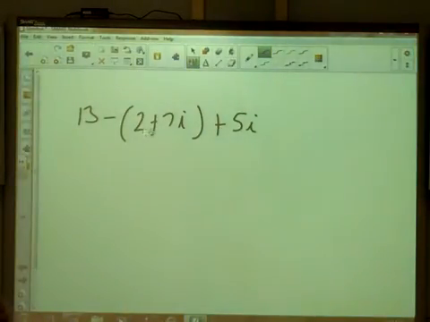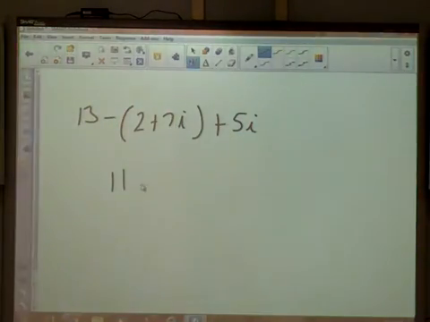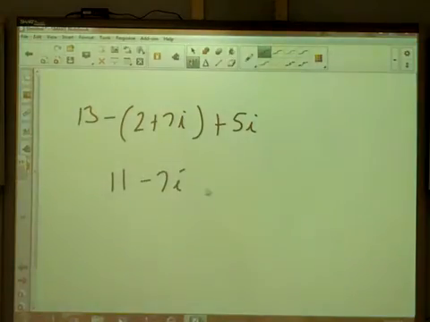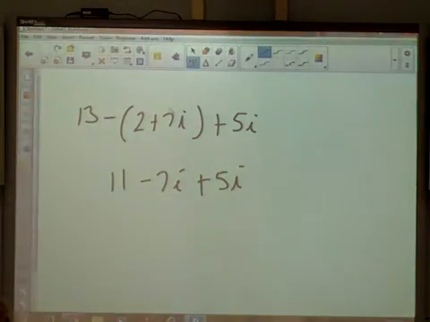So I have 13 minus 2, which is 11, and then minus 7i. So that minus sign has to go with the 7i also. That's why they put that in parentheses, to remind you you're subtracting that whole thing.